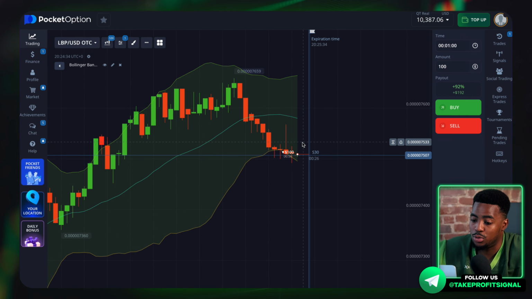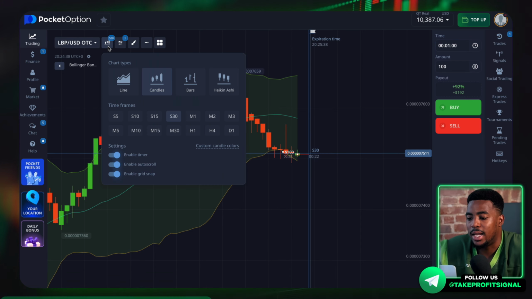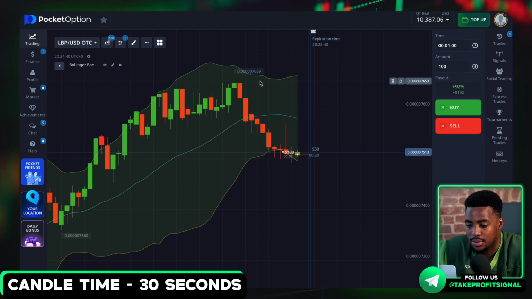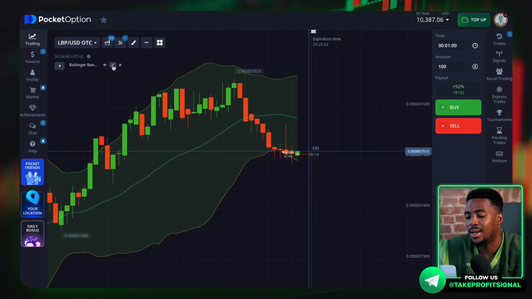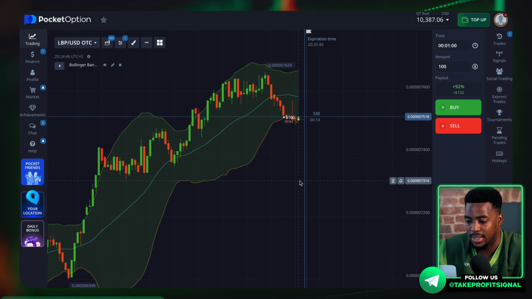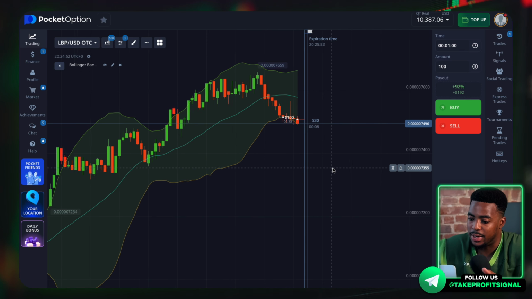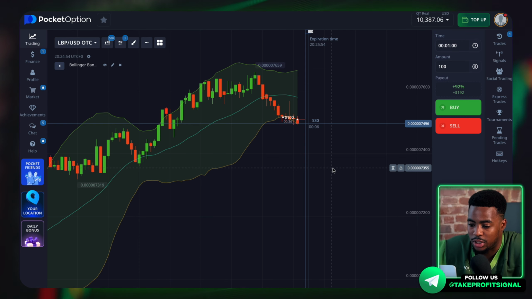Let me explain to you why my trade time frame is 1 minute and the candle time is 30 seconds. Remember these settings. I added the Bollinger Bands indicator with these settings. It is important, and now my price is accompanied by such a green Bollinger channel.